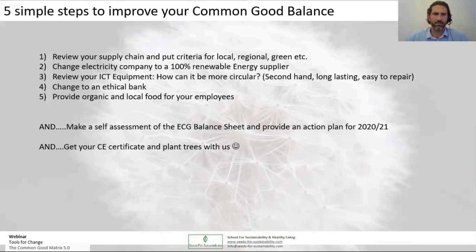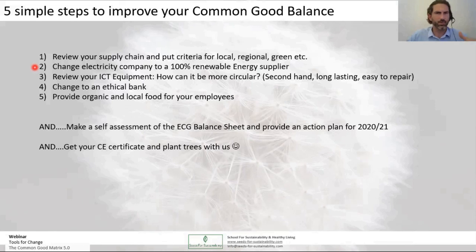As for instance, that's the next step here, the second one, change electricity to a 100% green electricity company. This can be done pretty easy, depending on the country. Maybe it's a bit more difficult, but in Europe, for instance, the market was liberalized and it's much better regulated in some ways for the customer.